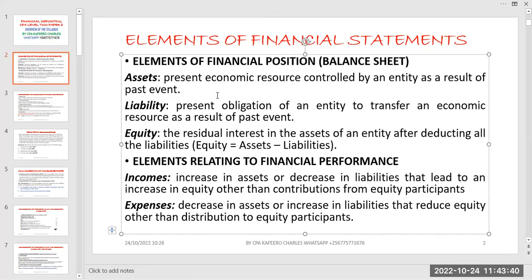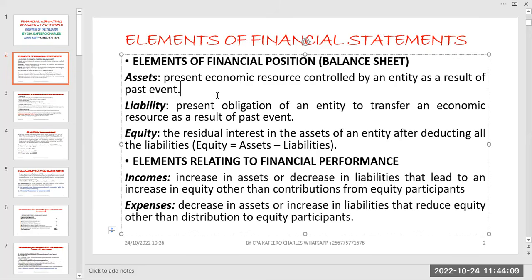From your economics, you know an economic resource is something that can bring something to the organization. They may be used in the production process, or used to earn some money for the organization, as we are going to be seeing them.